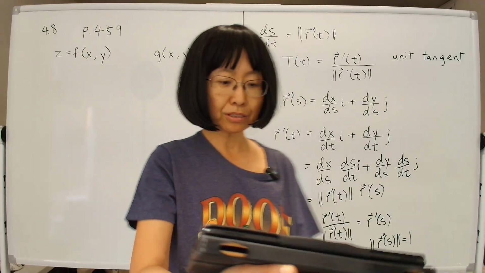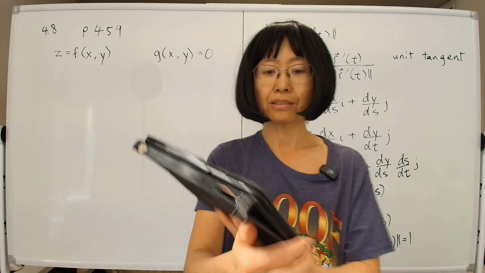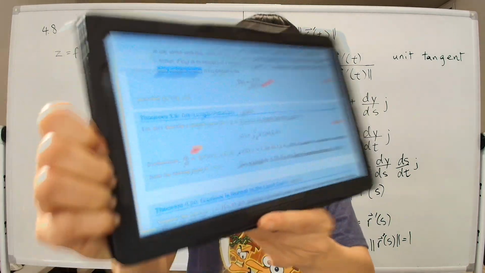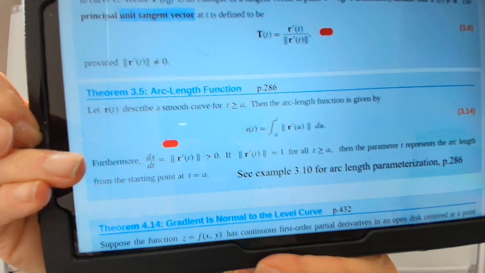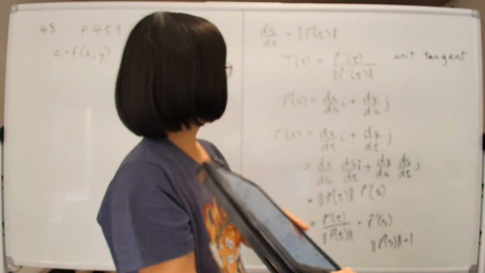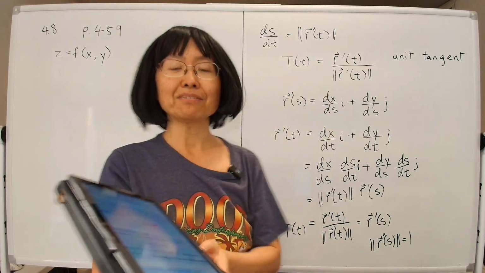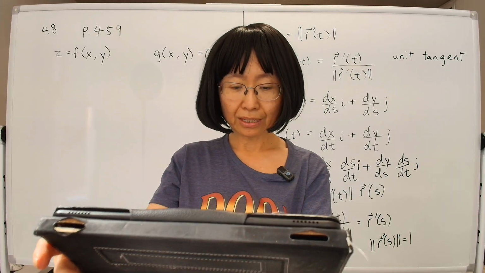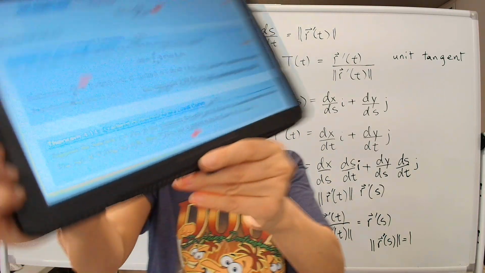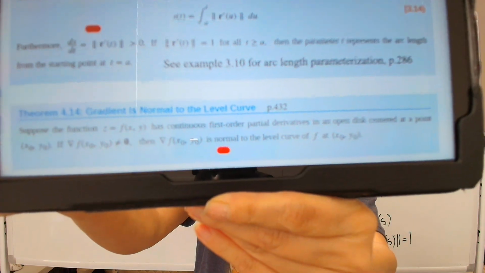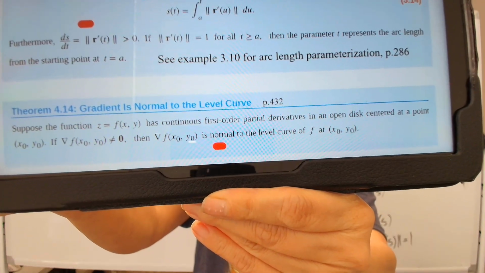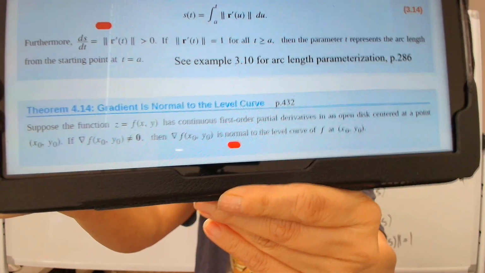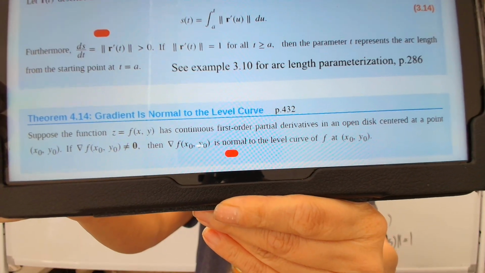The point is ds by dt is equal to the magnitude of r prime, which I have also written right here, and we need that in a little bit. The last thing I want you to remember, it's not a vector, it's just something we did maybe 30 pages ago, is that the gradient is normal to the curve.